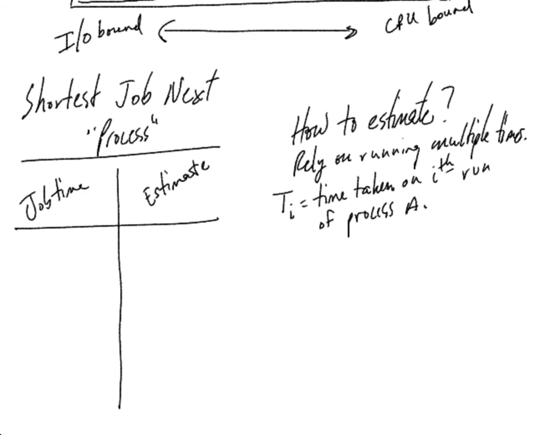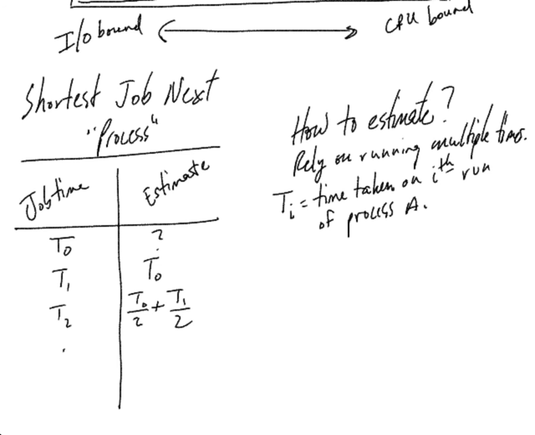If we run a process the first time, we don't have an estimate. We don't know how long it's going to take. Let's suppose it takes time t0 on that run. The next time we come to run the job, we have an estimate. We can say our estimate is that it will take about time t0. Once it finishes the second run, we can get an even better estimate. Let's average those two runs, and that will be our new estimate for how long the job will take, and that's T2.